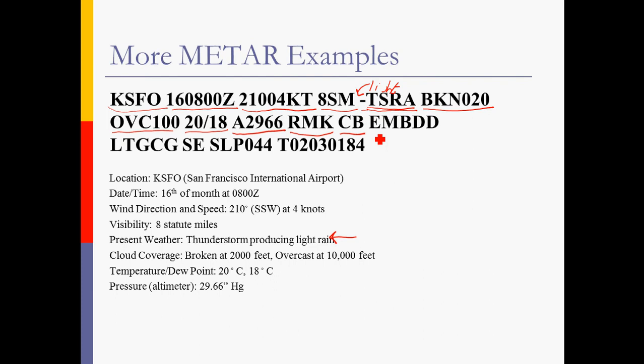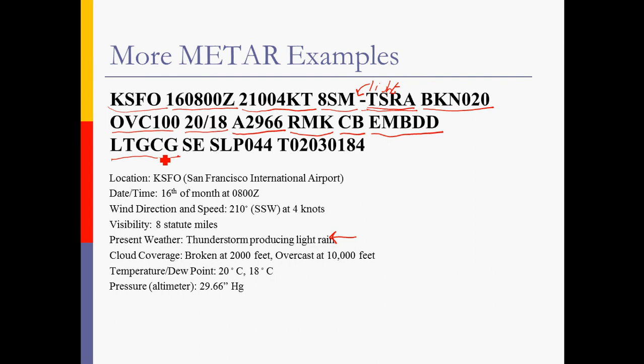Okay, you can probably figure out the next piece of information here. EMBD, D stands for embedded, right? So sometimes decoding a METAR is a little like decoding a text message, right? LTGCG here stands for lightning cloud to ground. So LTG stands for lightning, and then CG stands for cloud to ground.